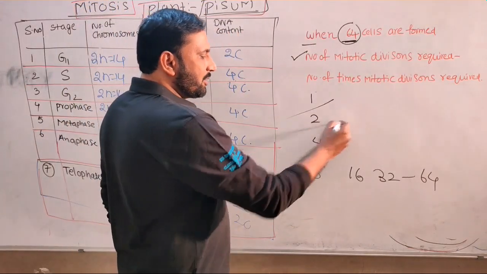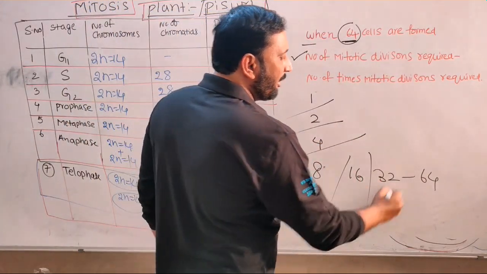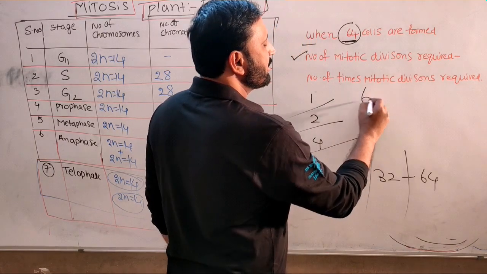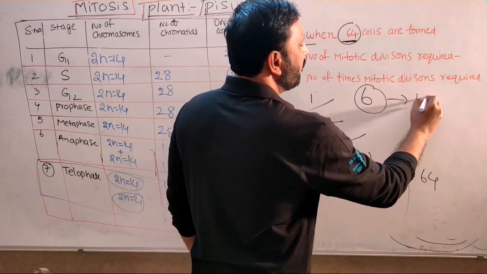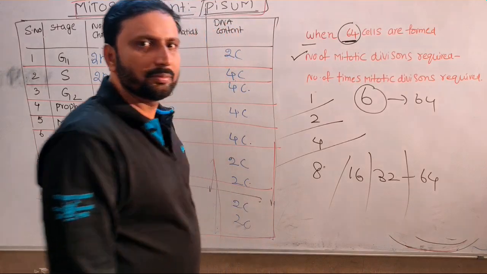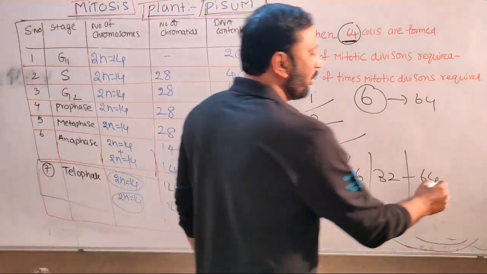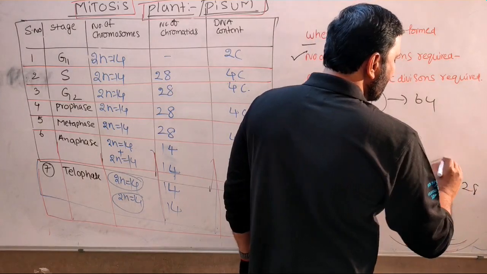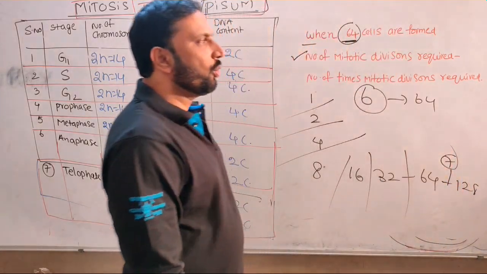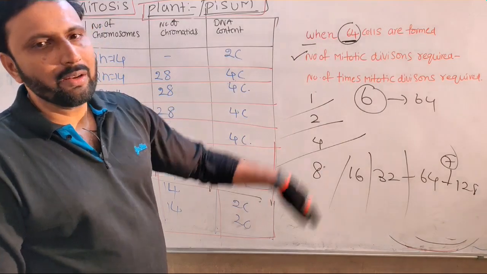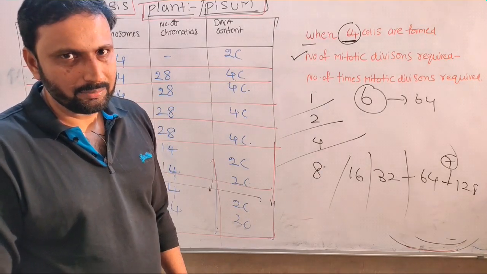So one generation, 2, 3, 4, 5, 6. After 6 generations, 64 cells are formed. So this is the calculation. For example, you go for 128. How many generations? 7 generations. So like that, we can calculate mitotic divisions.